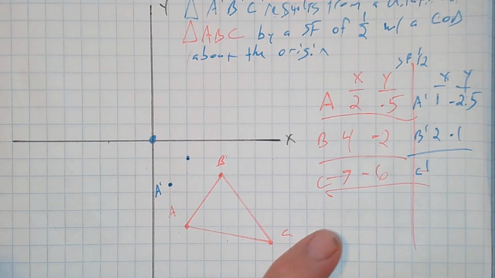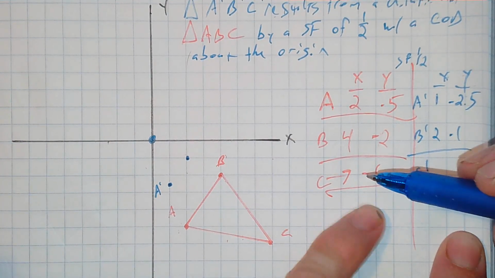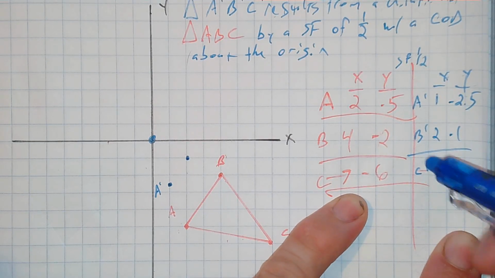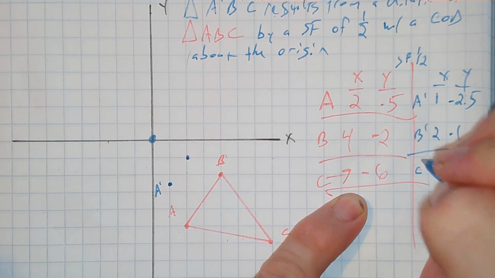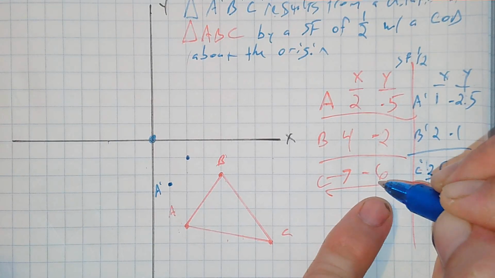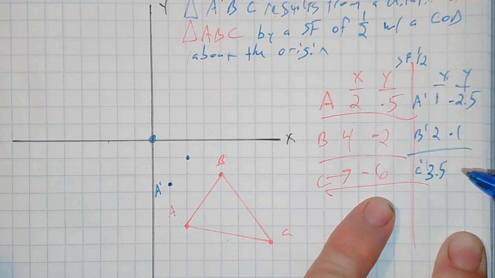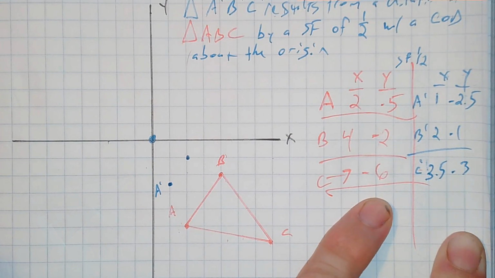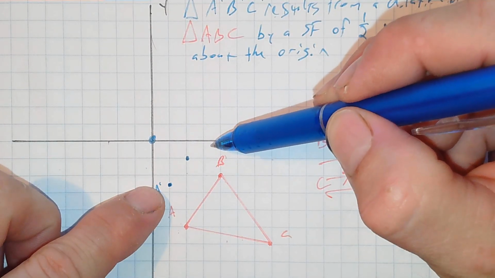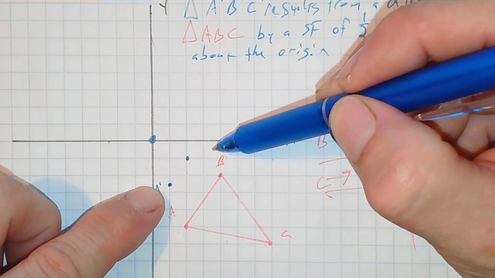Okay, and then my final one is going to be 7, which I divide by 2. This is C prime. Divide that by 2, I get 3.5. And divide -6 by 2, and I will get -3. Okay, so this is going to be 3.5 over right there, and then going to go down 3.